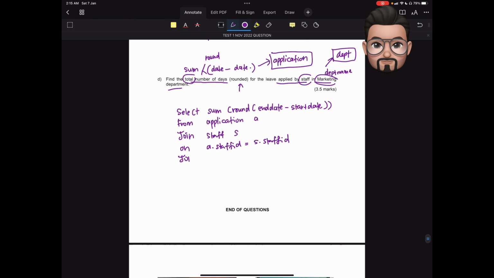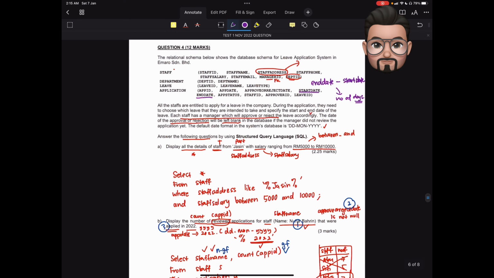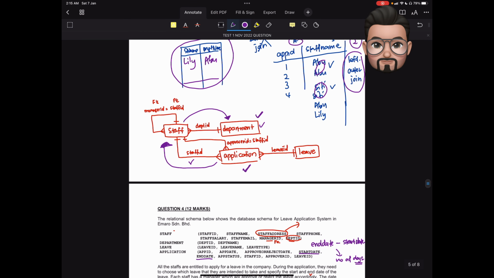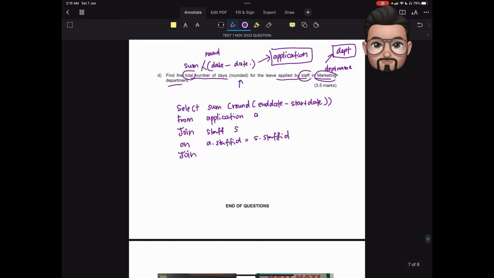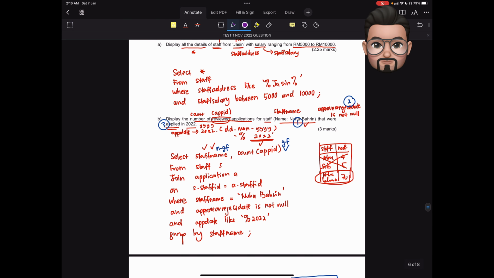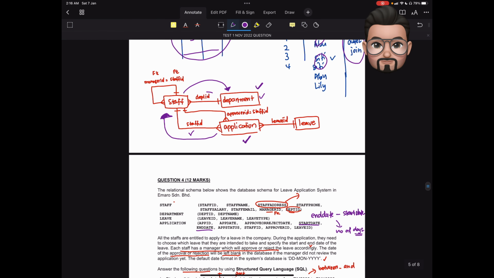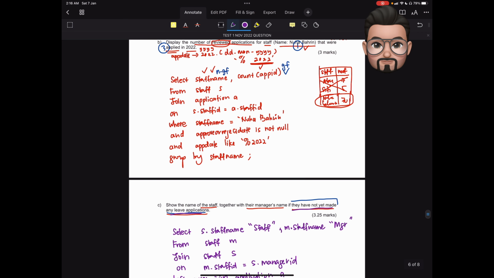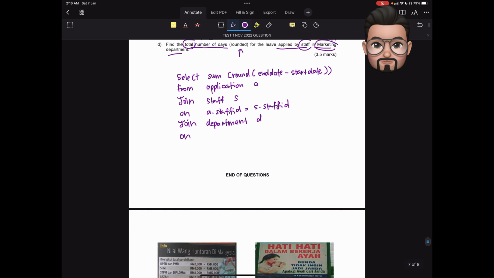Then staff needs to be joined with what? With department. Staff join with department D. On what? What's the common attribute between staff and department? Department ID. So S dot department ID equals to D dot department ID.